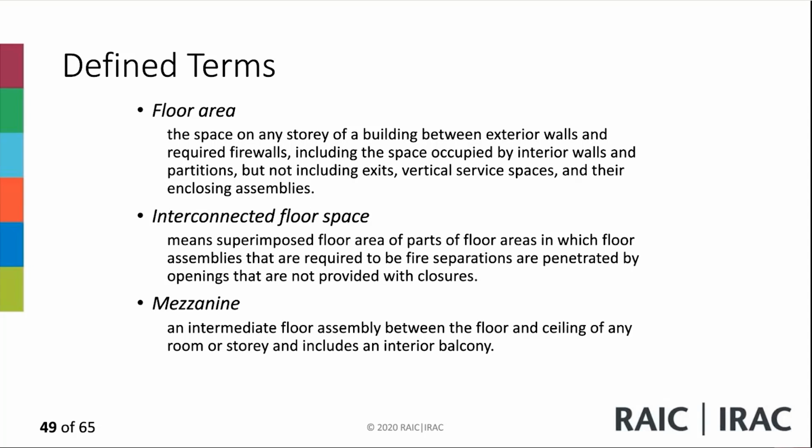If one, the aggregate area of the mezzanines that are not superimposed does not exceed 40% of the open area of the room in which they are located. And the mezzanines are open area without partitions or any subdividing walls higher than 1.07 m above the mezzanine floor.